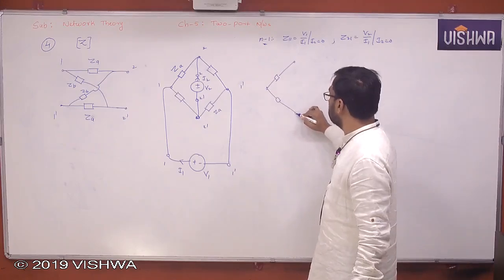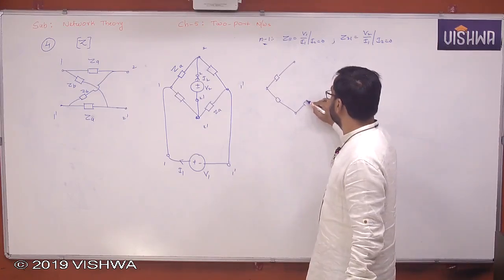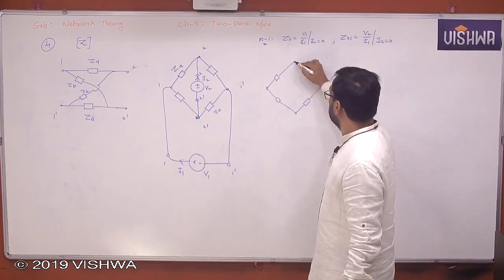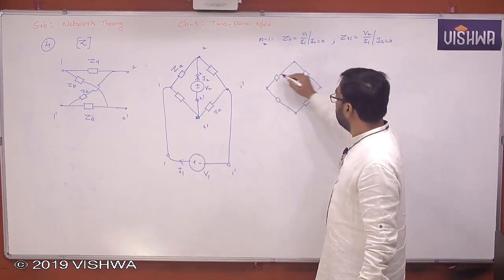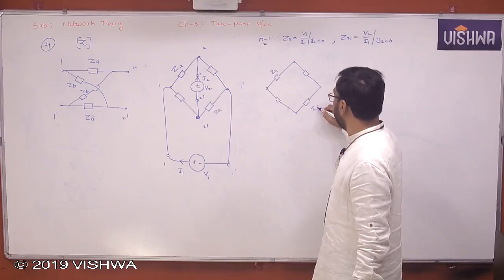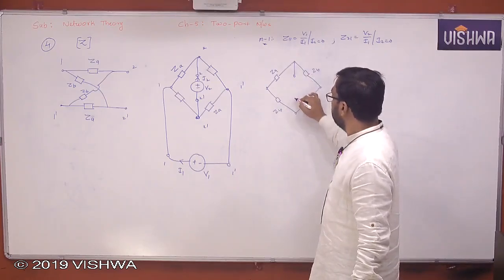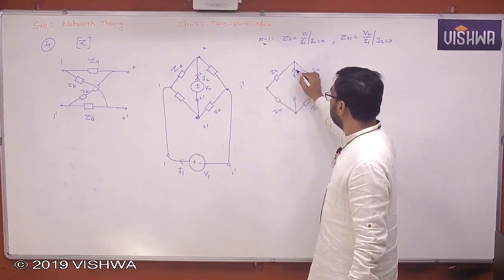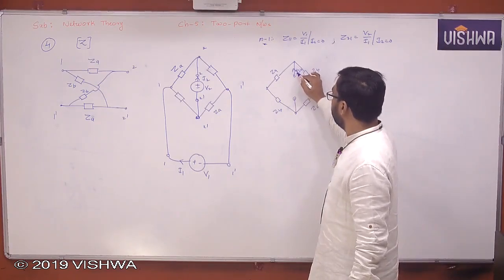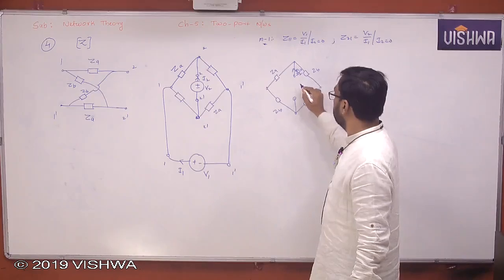It is something like this. This is ZA, ZA, ZB, ZB, with I2 equal to 0, and this is V2.